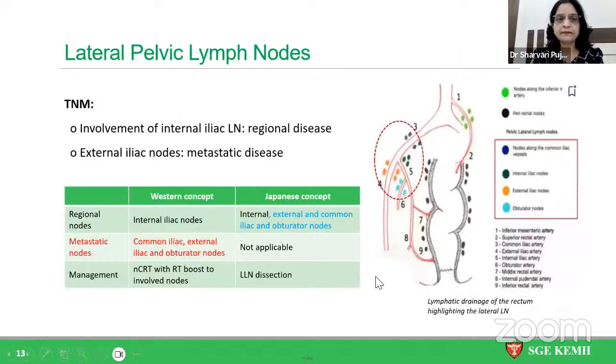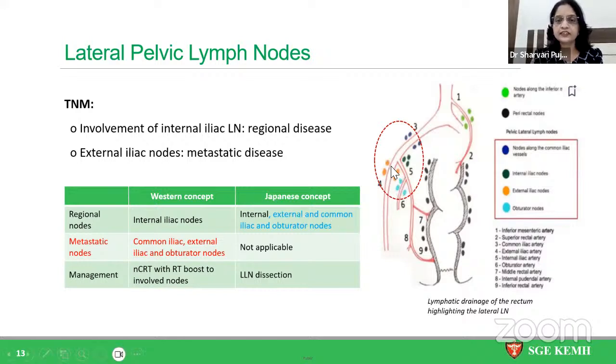So why is this important? These are the pararectal nodes, these are the internal iliac, this is the obturator, these are the external iliac and common iliac groups of lymph nodes. There is no doubt about the internal iliac group of lymph nodes. These are considered regional disease and will be resected in standard resections.